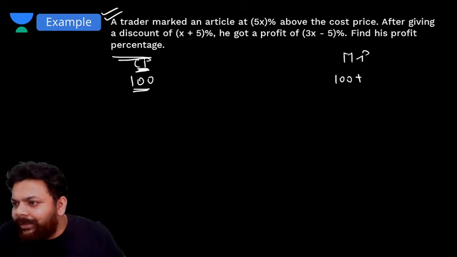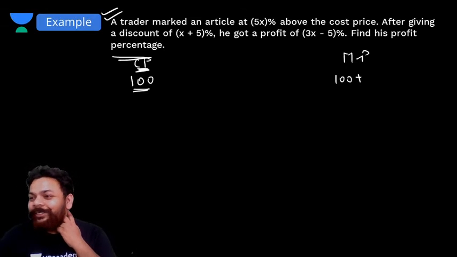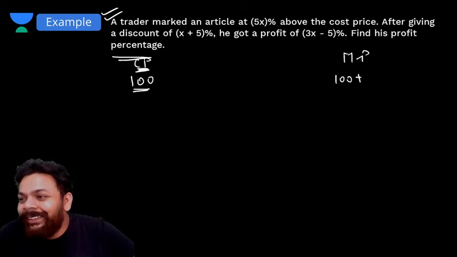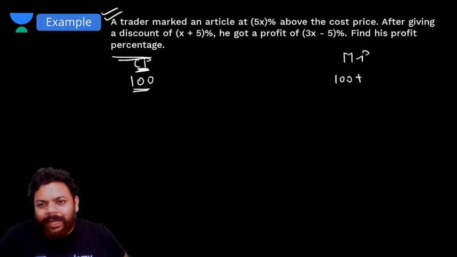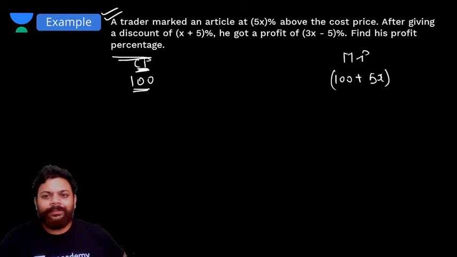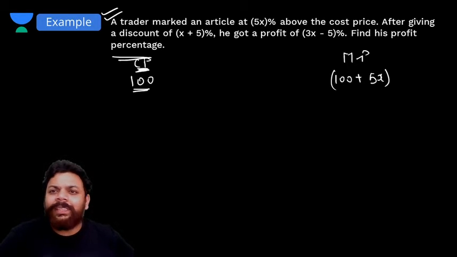100 plus... No, you can't hit and try this one. Can I write marked price as 100 plus 5x? Because a trader marked an article 5x% above the cost price.